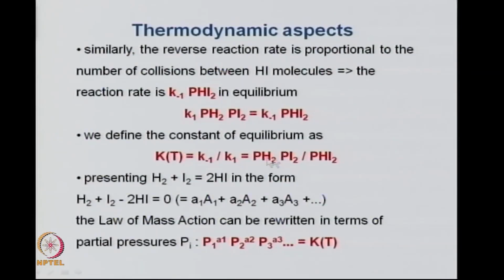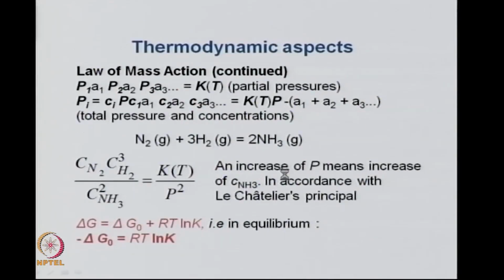Now, we can define this just like we defined earlier the equilibrium constant, which is a function of temperature, taking a ratio of K minus 1 by K1, given by the partial pressures of the product, and in the reverse reaction the products are hydrogen and iodine gas, divided by the partial pressure of the reactant gas. In this case it will be hydrogen iodide.